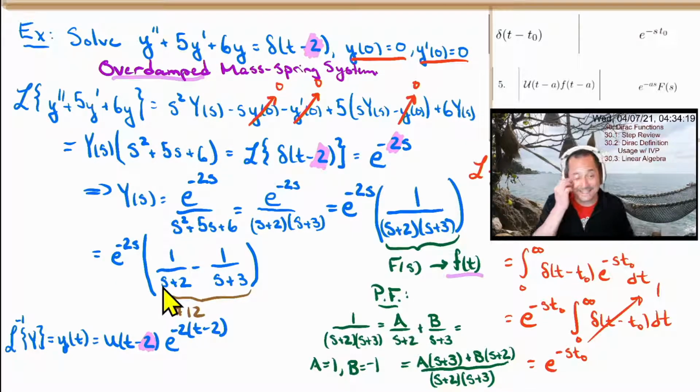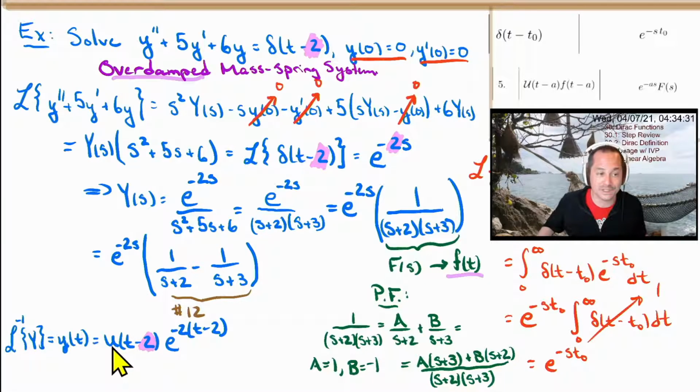So what that says is there's an exponential dynamic because of the overdamped mass spring system, but none of that's really happening until you hit it with a hammer at the 2 second mark. So this u function, this step function, says 0 up until 2 seconds. And then when 2 seconds happens, this becomes the number 1, leaving you with this exponential function, which has been shifted over 2 seconds in time and is acting as if that's when the experiment started.